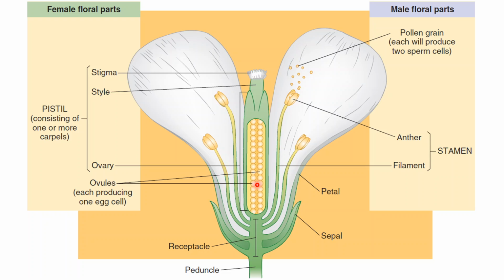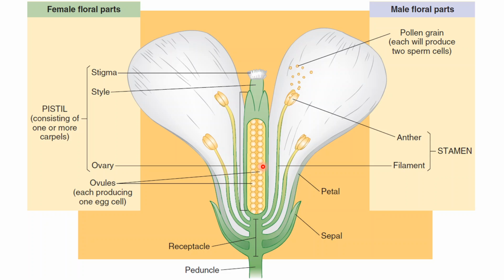If the flower has both stamens and carpels, it's a perfect flower. And imperfect flowers have stamens or carpels.